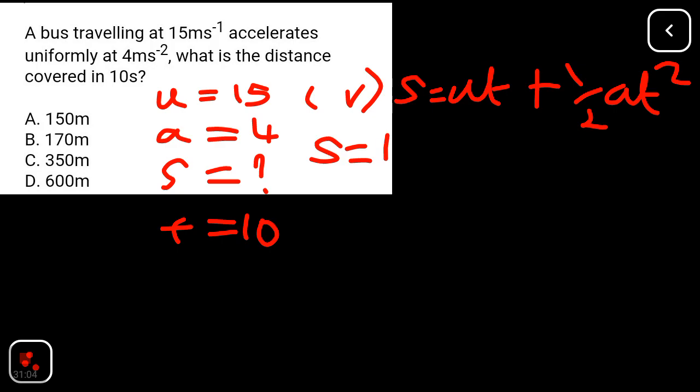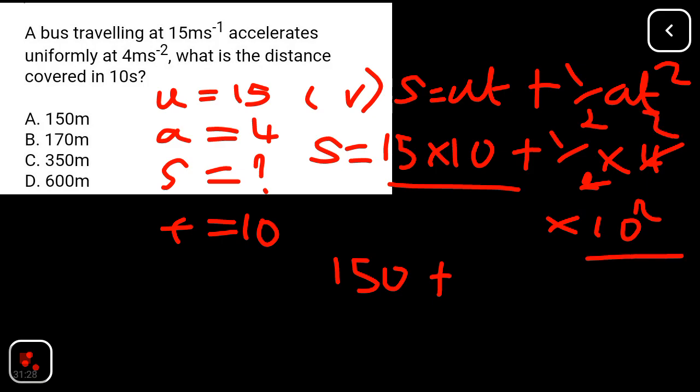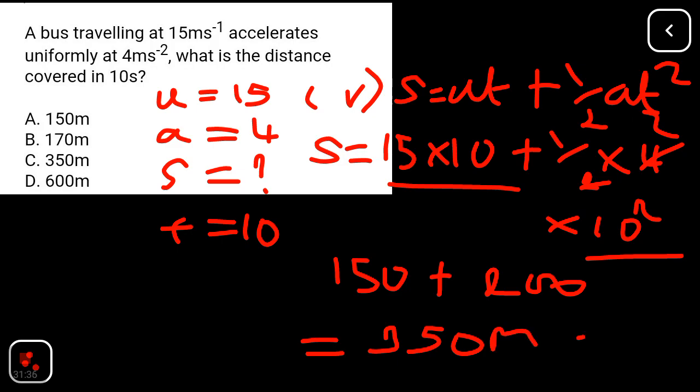So you have 15 multiplied by 10, plus half multiplied by a, which is 4, multiplied by t squared, which is 10 squared. 15 times 10 is 150, and half of 4 remains 2, and 2 times 100 is 200. If you add this, you have 350 meters. That's the distance it covers, which makes option C the right answer.